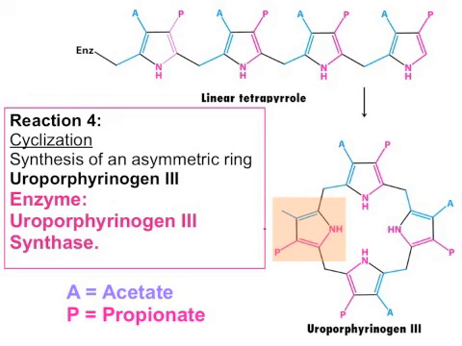We're going to look at this a little more closely later on in the lecture. But it's important to know that the enzyme uroporphyrinogen 3 synthase constructs an asymmetric ring from the linear tetrapyrrole. This asymmetric ring that's constructed is uroporphyrinogen 3.